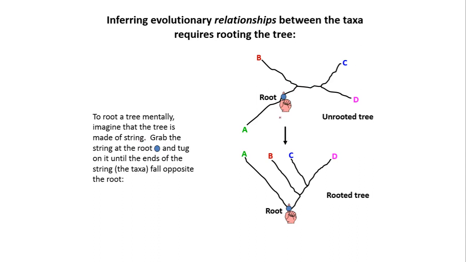So what you are supposed to do is grab the string at this root and tug it until the ends of the string, that is all these taxa, fall on the opposite side. Imagine your tree is a form of strings, decide a root and pull this root towards yourself until all the taxa fall apart on the other side of your root. That is what is usually done when you root your phylogenetic tree.